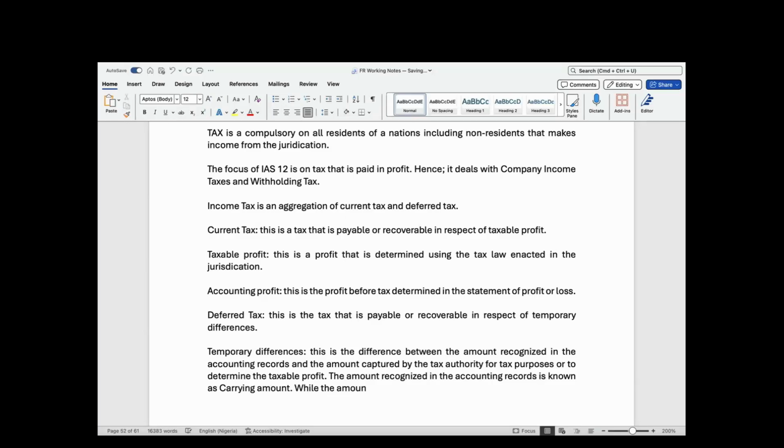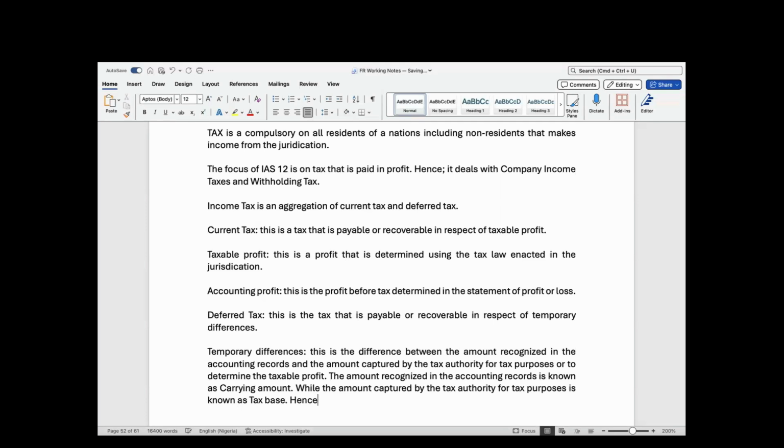While the amount recognized, I wrote accounting records again. Okay, while the amount recognized or the amount captured by the tax authority for tax purposes is known as tax base.